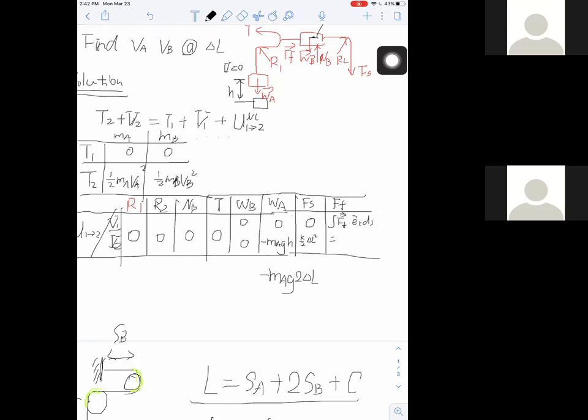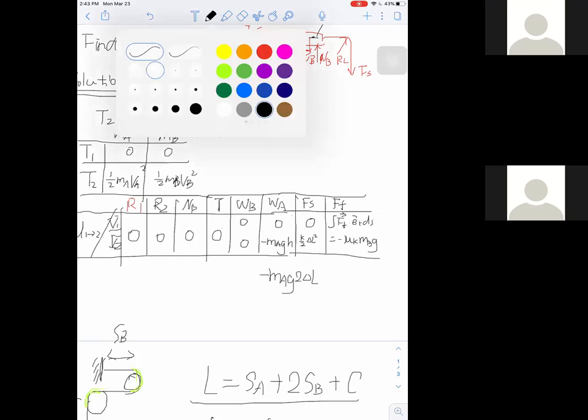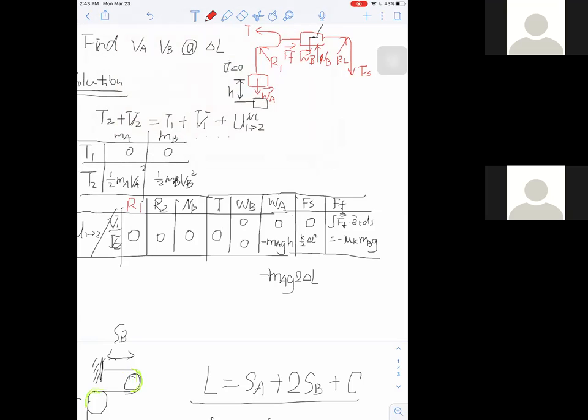Therefore, it can be written as negative mu k mB g, right? mB g gives you the normal force of B, and mu k is the friction coefficient. Pay extra attention to that negative sign there. The work done by the friction force is always negative. So always make sure you have that negative sign for the work done by friction.